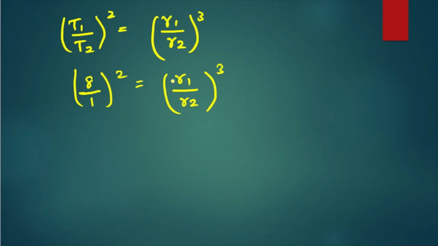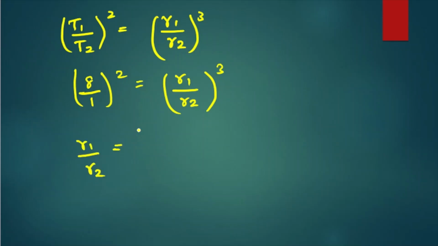Later, T1 by T2 the whole squared, they have given the time period ratio of the satellites as 8 by 1, the whole squared, which is equal to R1 by R2 the whole cubed. So if you square 8, you will get 64, and 1 squared is 1.